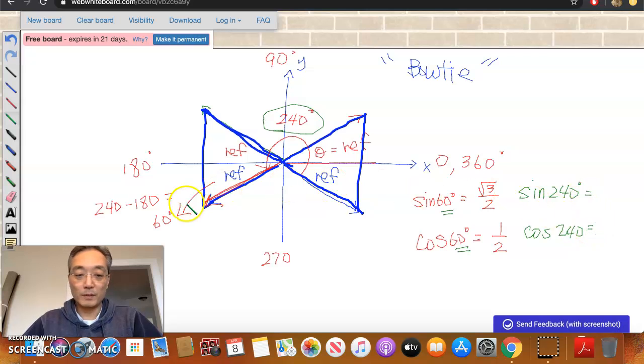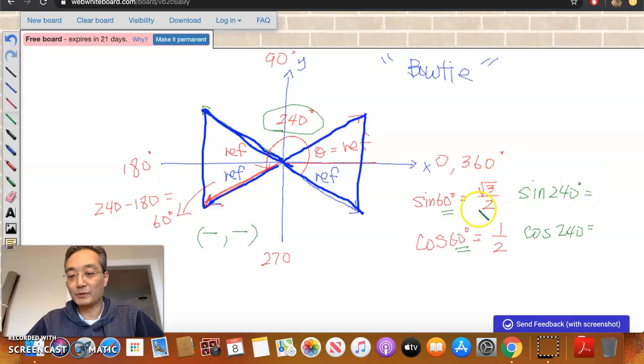Well, remember, in the third quadrant, your x-coordinates are negative, right? And your y-coordinates are also negative. Everything's negative. Remember, sine is y and cosine is x. So in the third quadrant, sines and cosines are all negative.